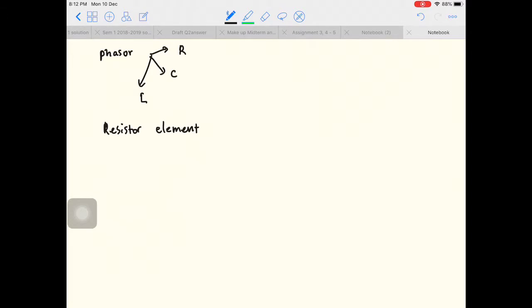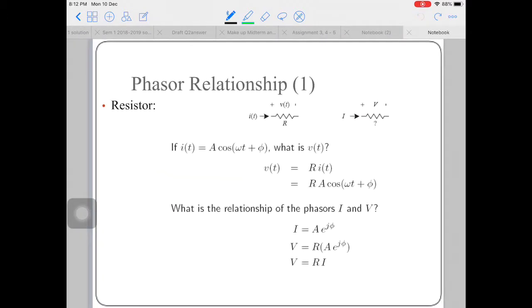If you look at your slide here, the phasor relationship involved with a resistor. We know that for a passive element, current entering this passive element will have a positive input, and current leaving this passive element will have a negative output.